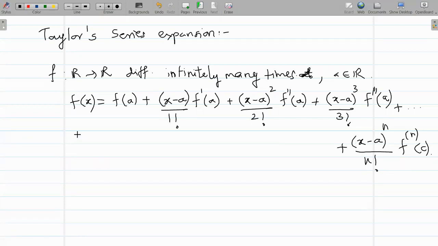Now this is again useful, and there is always going to be a question on Taylor's expansion, because it's one of the most important topics as far as differentiability is concerned.